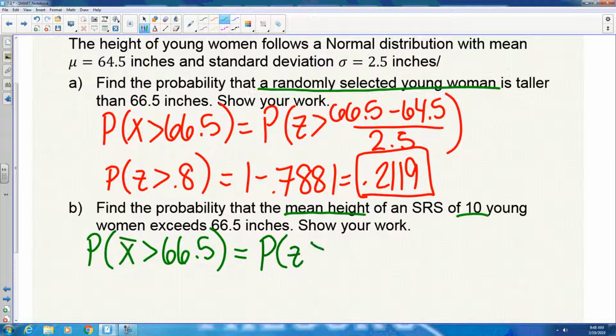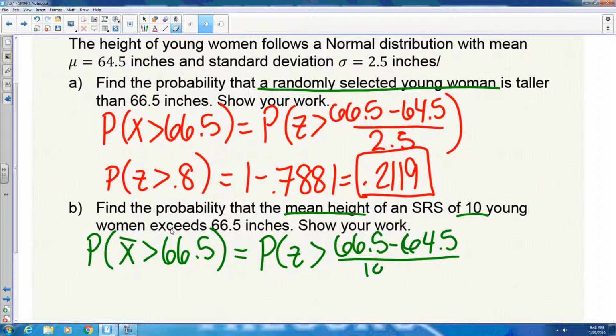So I can still convert it to a z, 66.5 minus 64.5. But this time we are dividing by 2.5 over the square root of 10 because we have a sample size of size 10.